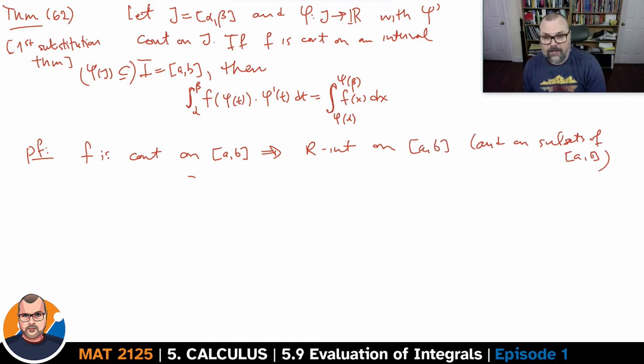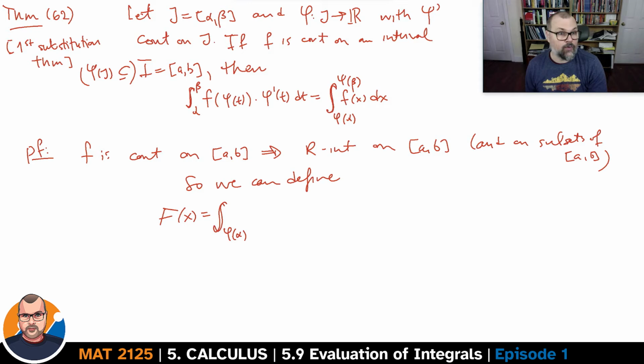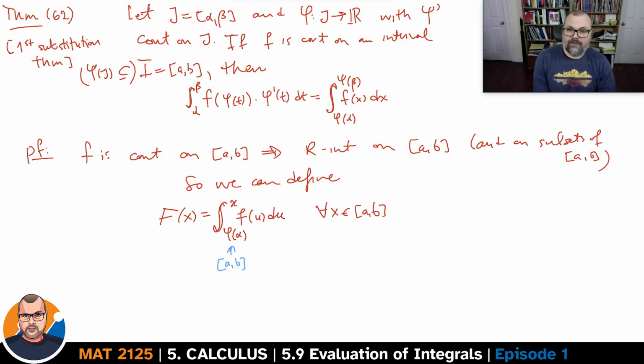So we can define the integral between phi(alpha), which is somewhere in [a,b], I should remind you, and some point x, of f. Let that function be big F(x). And I told you here that if f was R integrable on [a,b], it meant that it was R integrable on subsets of [a,b]. I'm really talking about subintervals here.